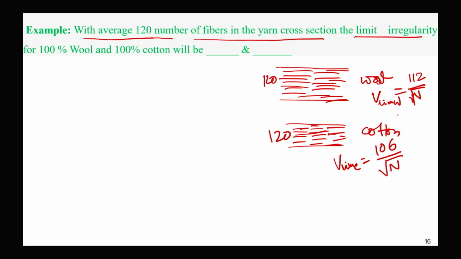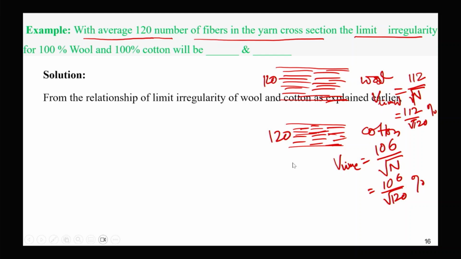So here it will be 112 by under root 125, and here 106 by under root 125. This is in percent. So we can calculate in this fashion the limit irregularity for wool and for cotton.